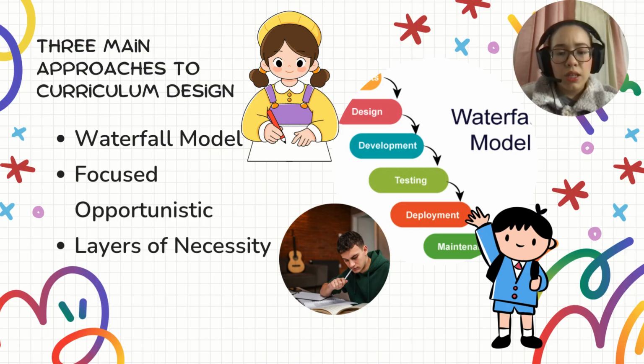The third is the layers of necessity model, where all curriculum components are addressed at the same time, but with different levels of detail depending on available time and resources. The book suggests that real classrooms often use the second and the third approaches because they are more practical.